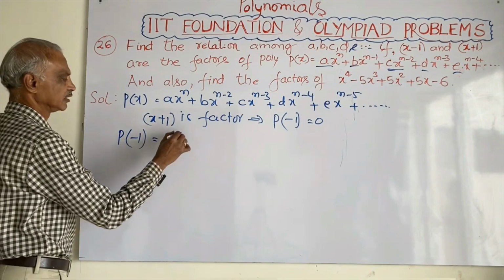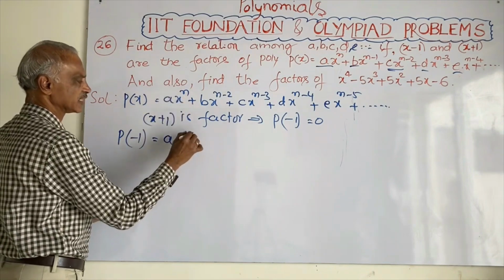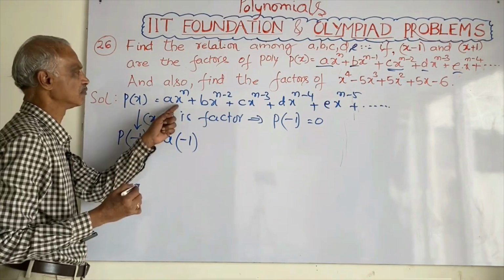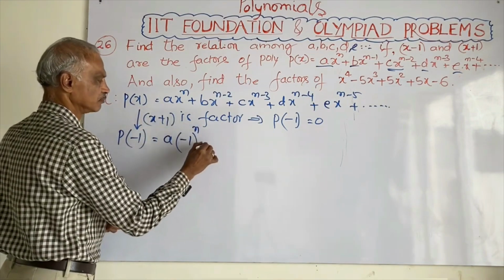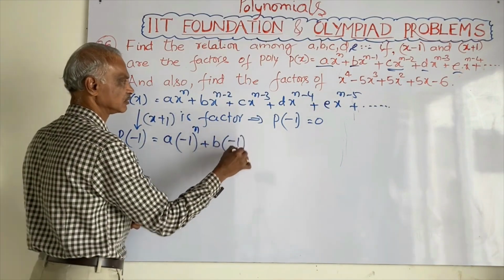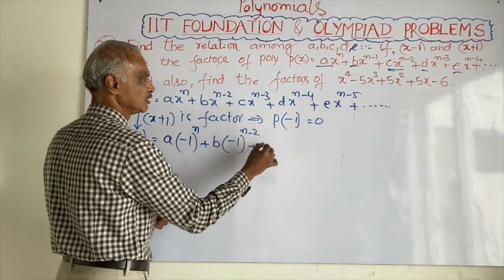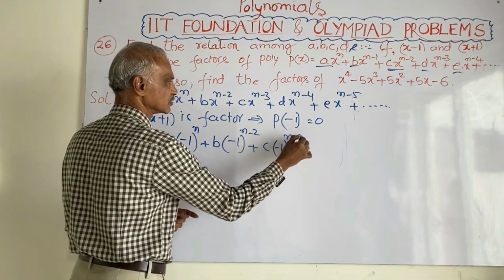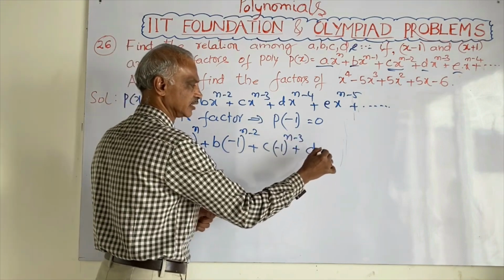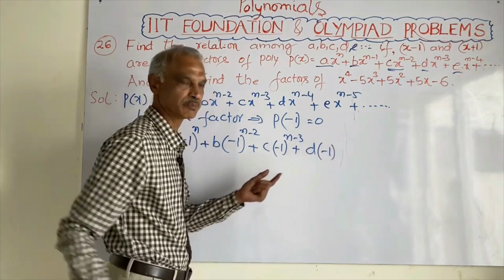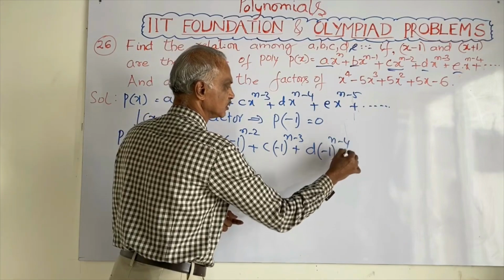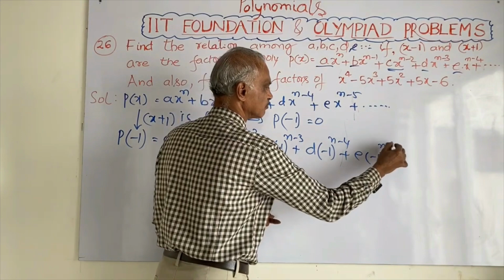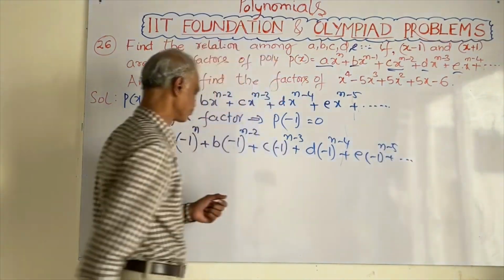See, a into, you substitute minus 1 in place of x. Minus 1 to the power of n plus b into minus 1 to the power of n minus 1 plus c into minus 1 to the power of n minus 2 plus d into minus 1 whole to the power of n minus 3 plus e into minus 1 whole to the power of n minus 4, like that.